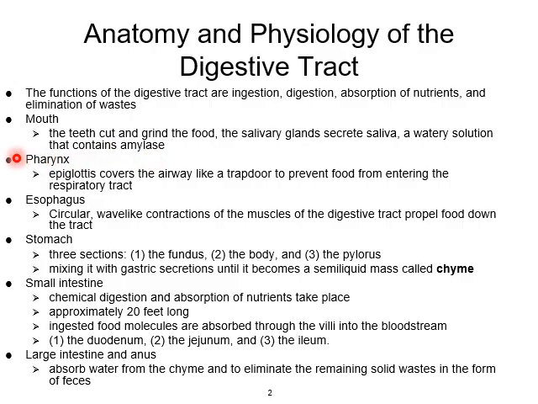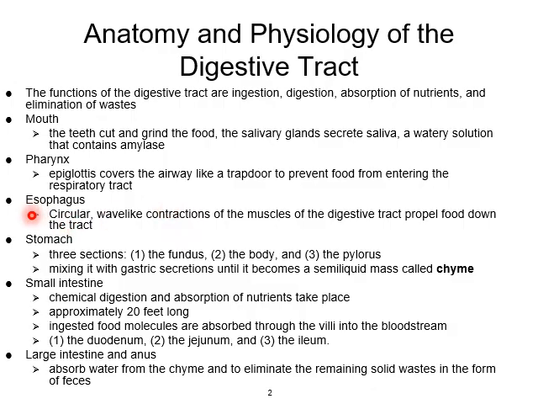Pharynx. In the pharynx, or the throat, there is an epiglottis, the flap that covers the airway. It's like a trapdoor to prevent the food from entering the respiratory tract when we swallow. Now we have the esophagus.